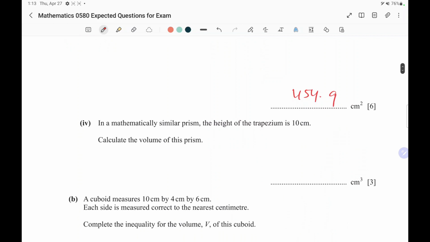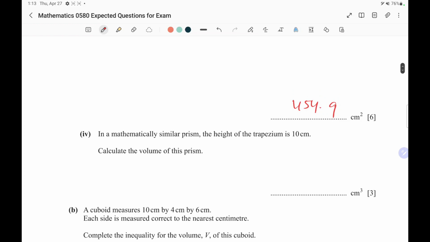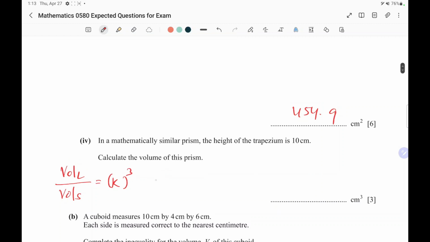Next question says, in a mathematically similar prism, height of trapezium is 10 centimeter. Calculate the volume of this prism. So what we can write here, volume of larger prism over volume of smaller prism is K cubed, where K is, I should explain K over here.